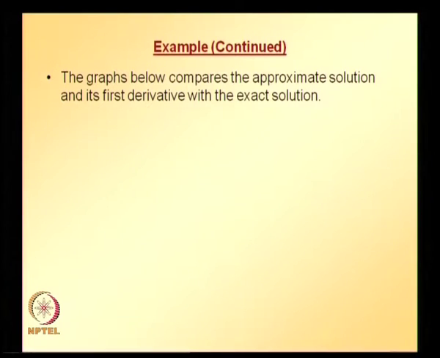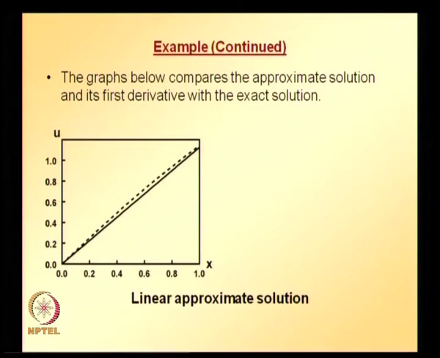We have already looked at this problem earlier using a variational method, and it is mentioned at that time the exact solution for this problem is U is equal to 180 over 139 x minus 21 over 139 x square. So that exact solution and approximate solution you can overlay on each other, this is how they match.